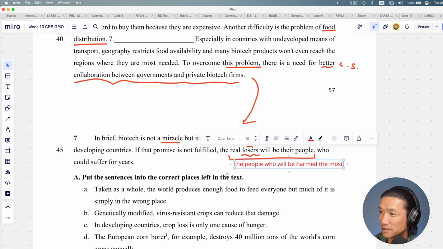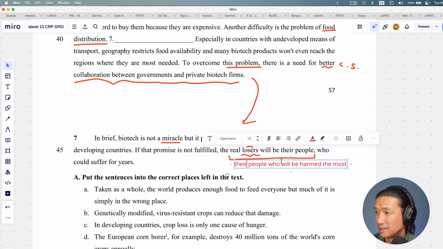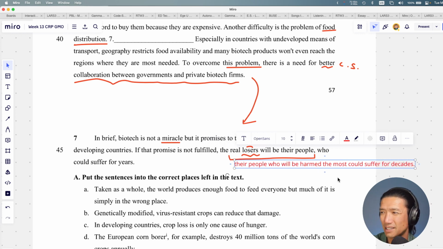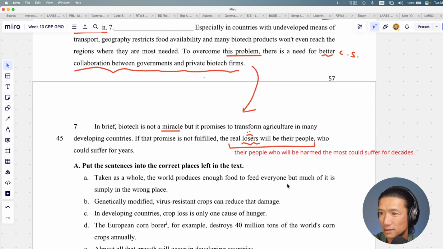Their people. I don't know, something about will lose the most, right? That's not necessary. Don't call people losers. They're people who will be harmed the most. I would change that whole sentence to could suffer for decades, for years. I don't know. Years is too short. Decades.